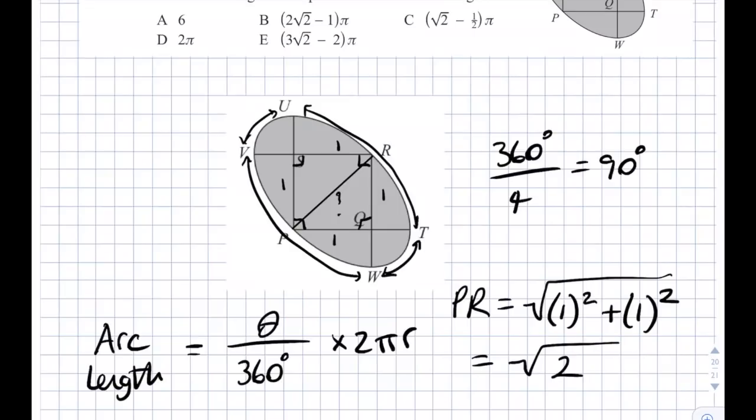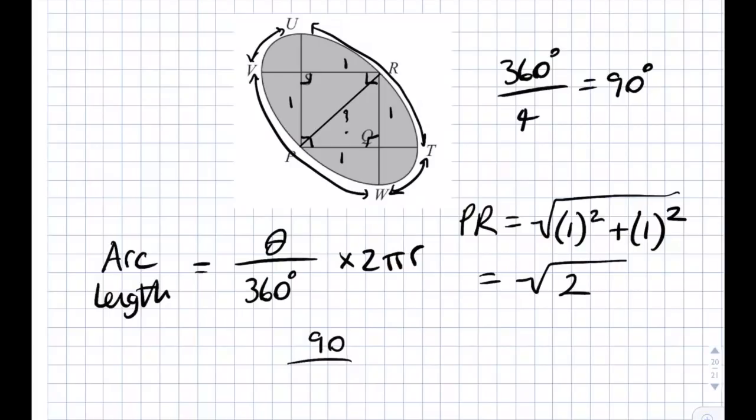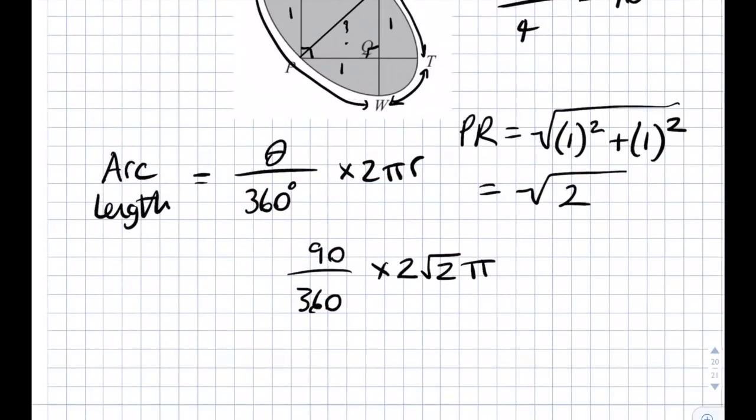Now we can substitute these results into the formula, theta divided by 360 degrees times 2 pi r, to work out our arc lengths for TRU and VPW. We get 90 divided by 360 times 2 root 2 pi. 90 over 360 simplifies to a quarter, and 2 divided by 4 is a half, so we get root 2 over 2 pi.